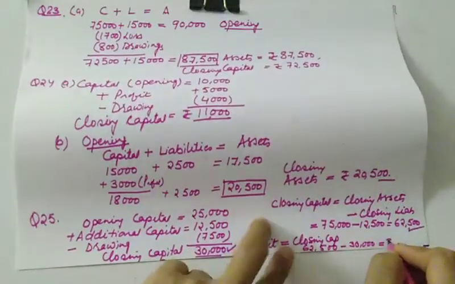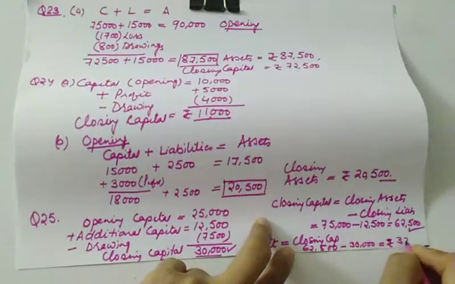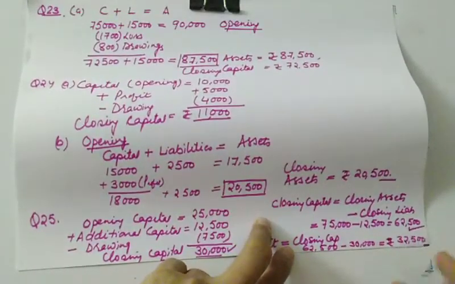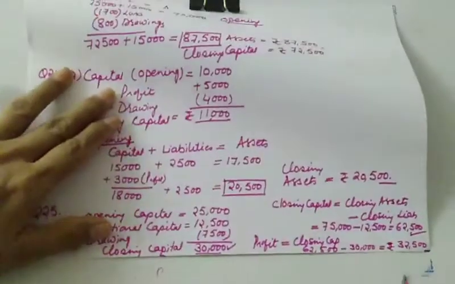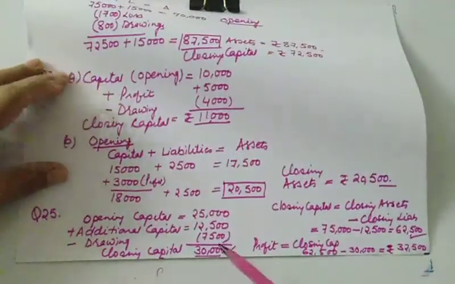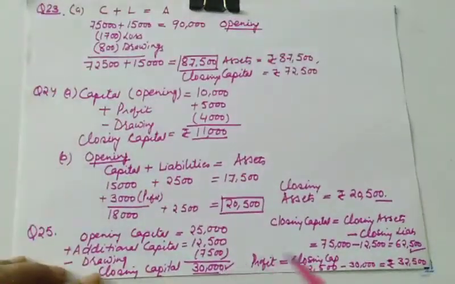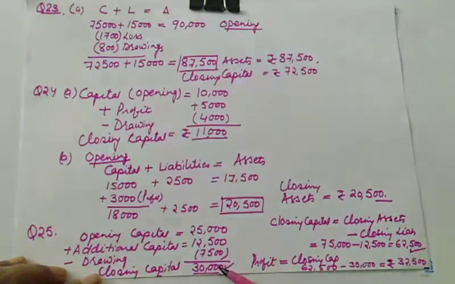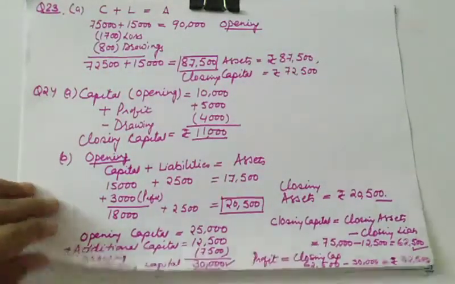So profit will be equal to 32,500. This is the profit. First we calculate closing capital because profit is not given to us. The difference between these two balances is our profit.